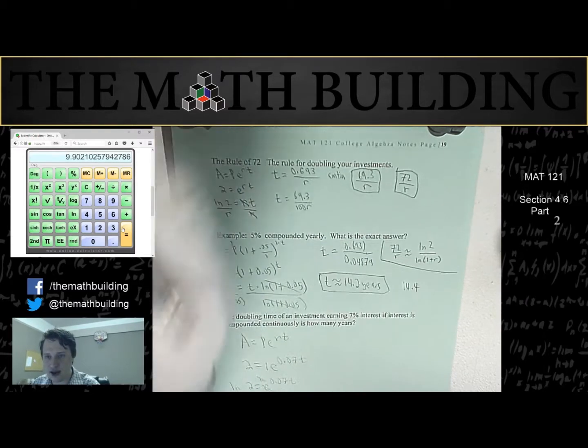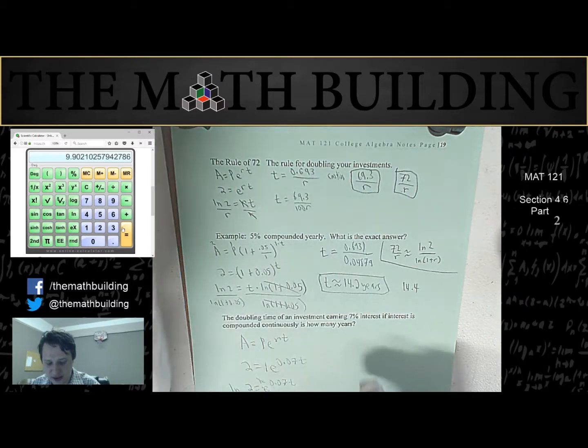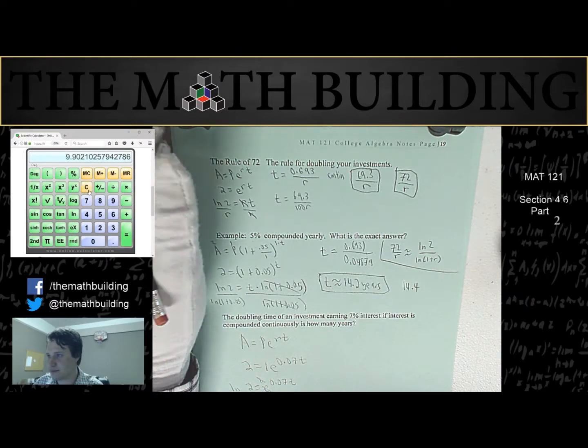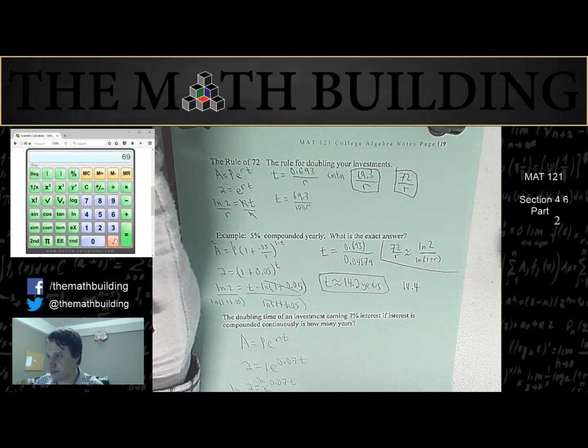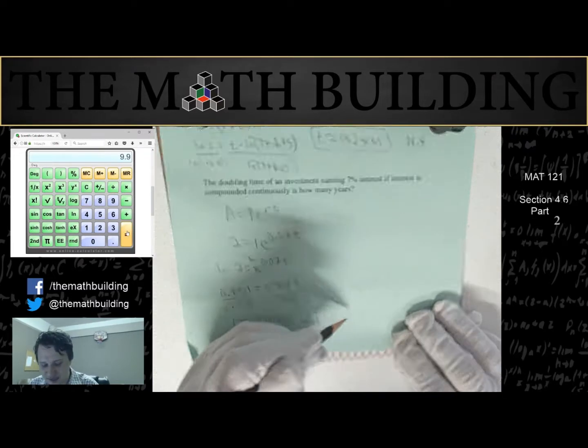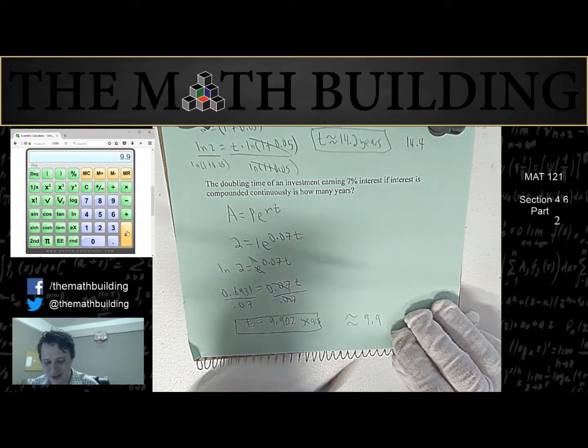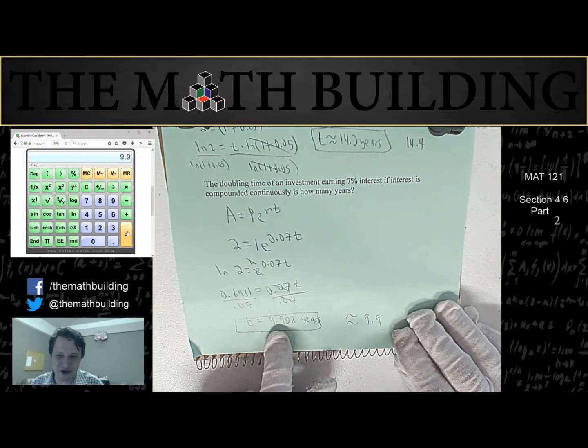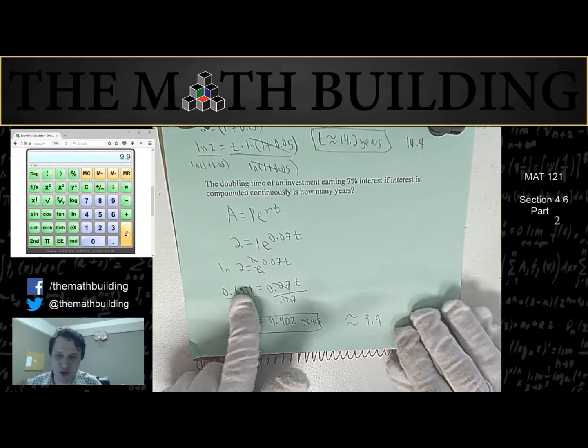If you know the shortcut, you just take 69.3 and divide it by 7. And you get 9.9, which as you can see is really close to 9.902. And you can see the 0.6931 there.